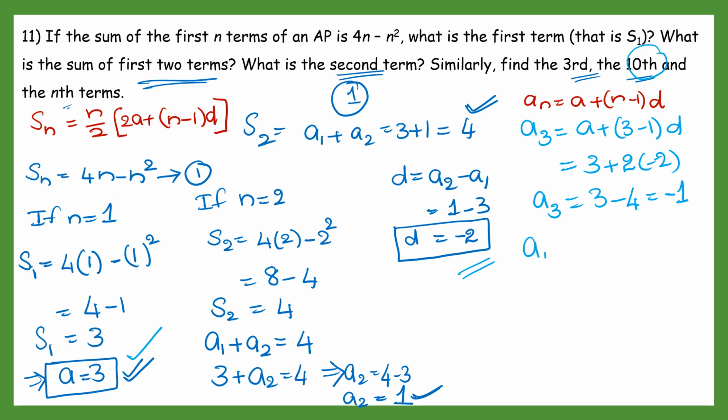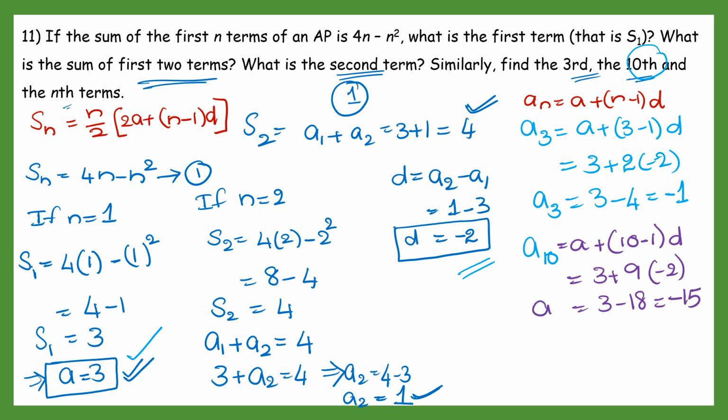So, A10 is equal to a plus n minus 1 into d, since you are finding 10th term. So, n is equal to 10. Next, a is 3. 10 minus 1 is 9. Common difference d is minus 2. So, 3 minus 18. So, we get minus 15. This is 10th term.